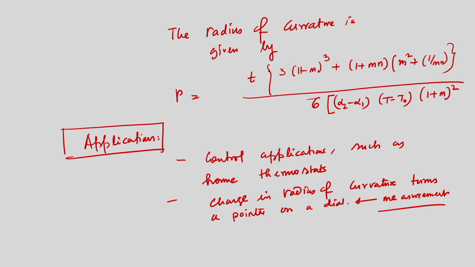Basically, it depends upon the care taken while the bimetallic strip is produced or constructed, and also calibrated. Now, I can say that accuracy is 1% of the full scale, and as I have mentioned, this is used for control applications such as home thermostats. Also, it is used in other measurement applications.